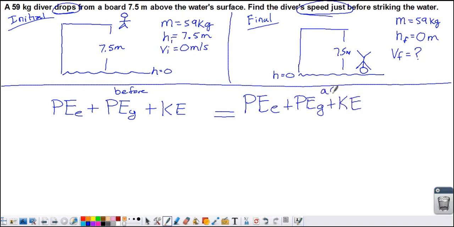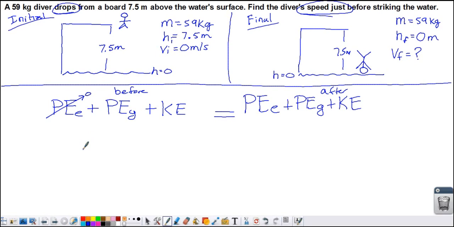Okay, now let's look at each of these. In the before situation, elastic potential energy is when something is stretched or compressed. This is not a springboard, and they don't spring off of it. They're just dropping. They're walking to the end and dropping. So there is no elastic potential energy to start. So that's 0.